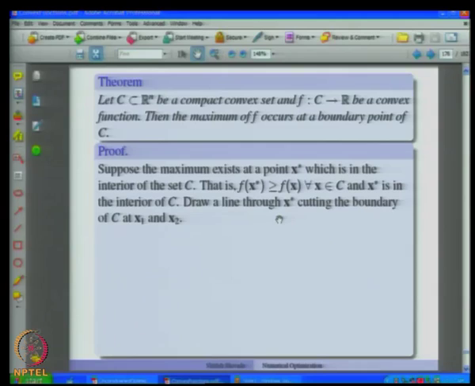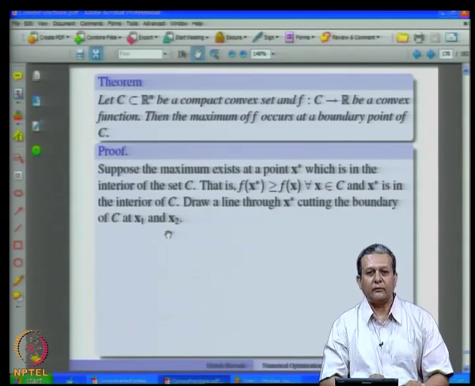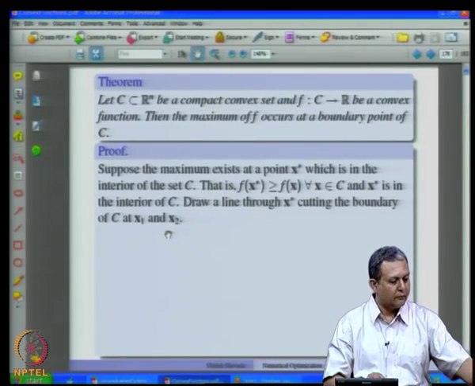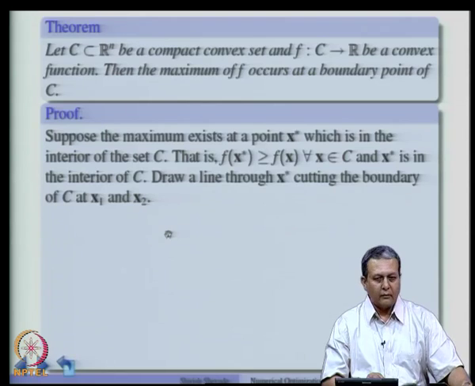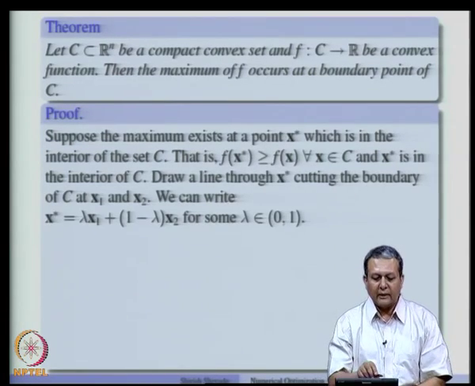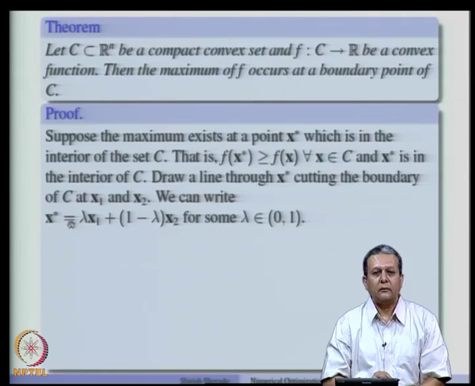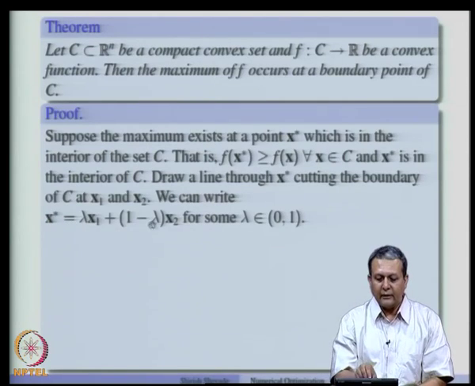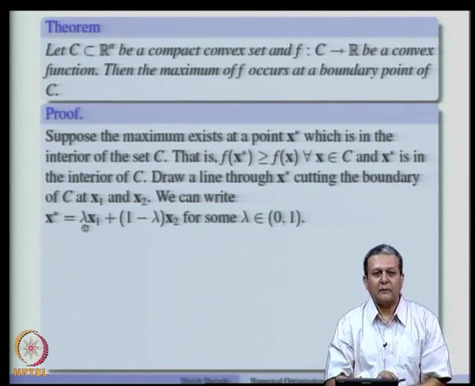So, let us take a line segment through x star which is cutting the boundary of C at x1 and x2. Now, we can write x star as a convex combination of x1 and x2. So, we can write x star as lambda x1 plus 1 minus lambda x2 for some lambda in the open interval 0 to 1.